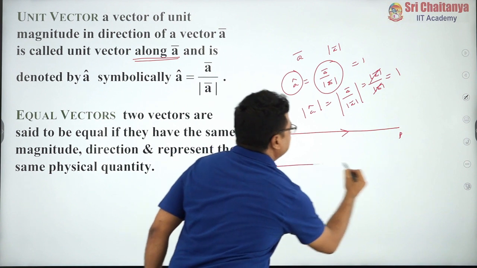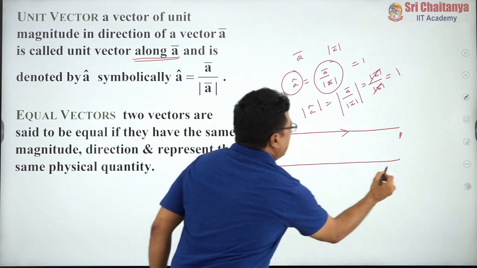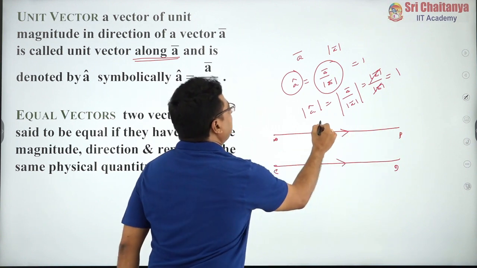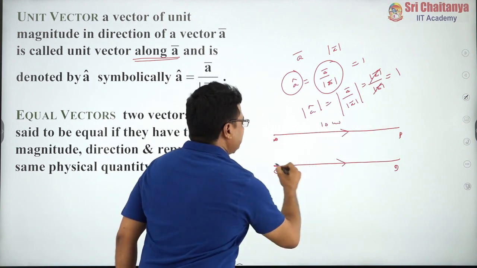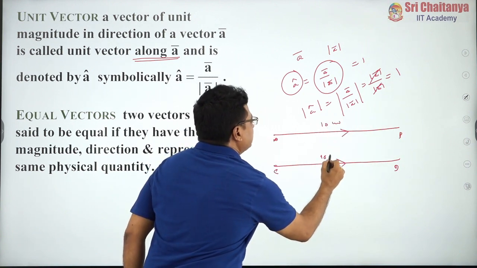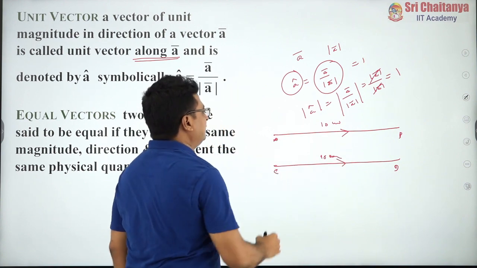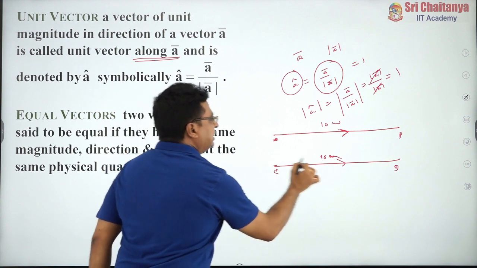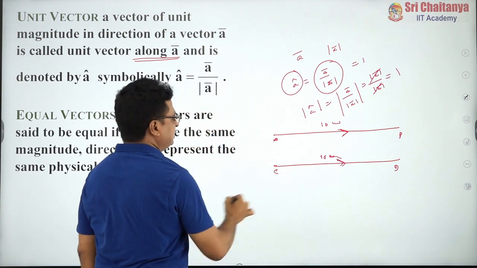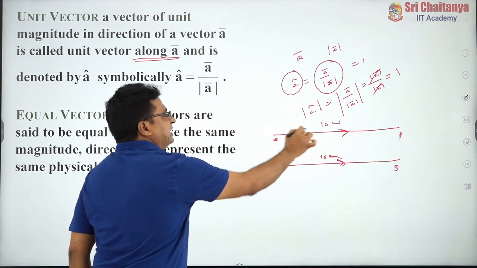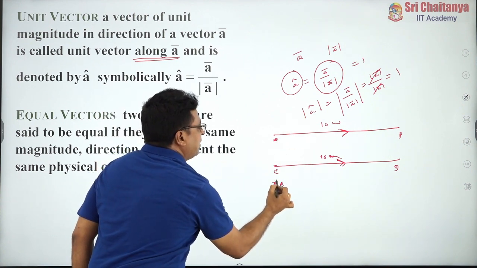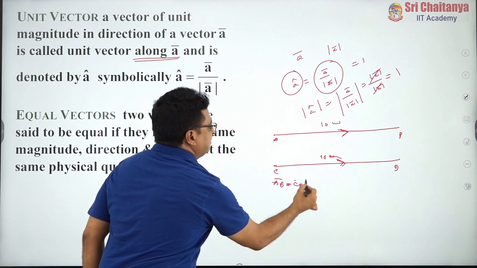And suppose this is C and this is D, this is vector CD. The length of AB is 10 units. Similarly, the length of CD is also 10 units, say for example. The direction of AB bar is like this and the direction of CD is also like this. So for these two vectors, direction is the same as well as magnitude is the same. So AB bar is equal to CD bar, I can say simply.